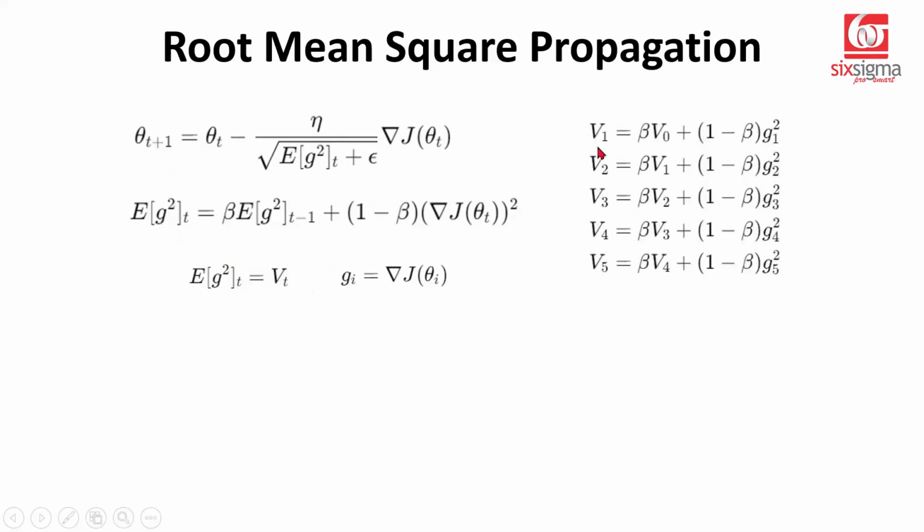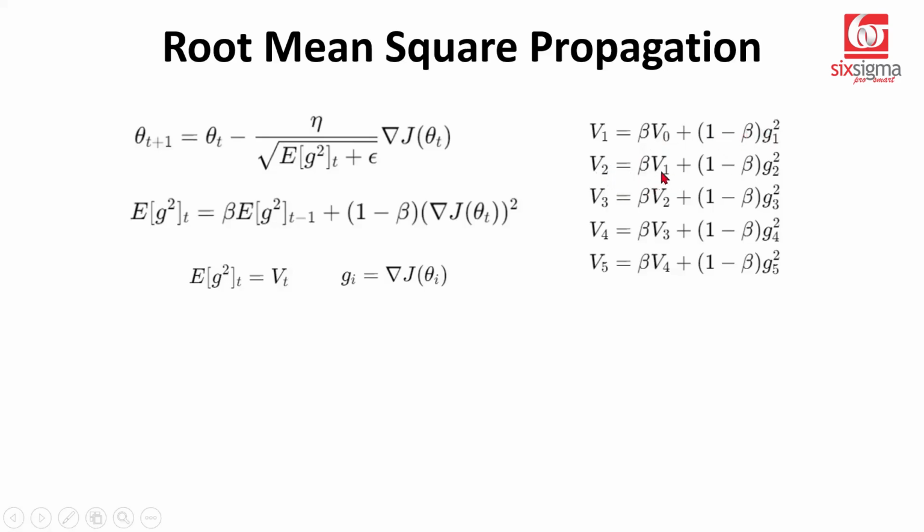So at time step 1, we'll be looking at a balance between the accumulated squared gradients up to time step 0, plus 1 minus beta times the gradient at time step 1 squared. So the gradient at the current time step plus the historically accumulated gradient, we are trying to do a weighted moving average between them.